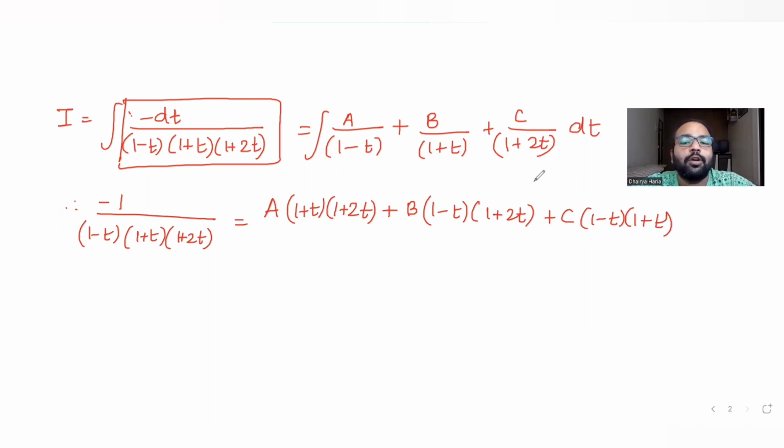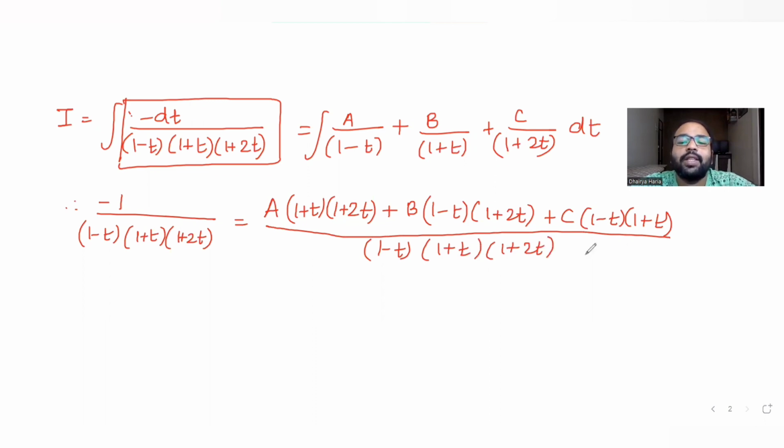Basically, all three terms are multiplied with the product of the three terms. In the first part, 1 minus t gets cancelled, so we are left with these two terms. In the second part, 1 plus t gets cancelled, leaving these two terms. And in the third part, 1 plus 2t gets cancelled.